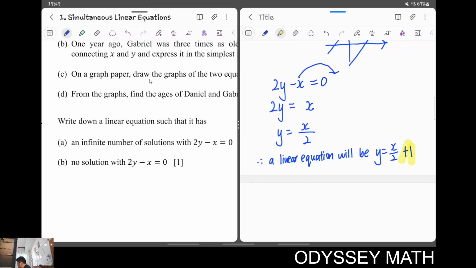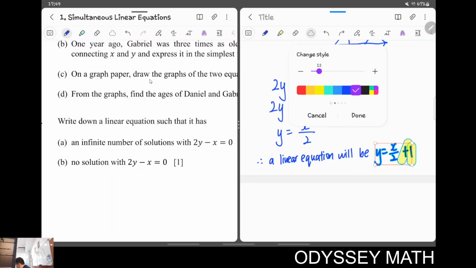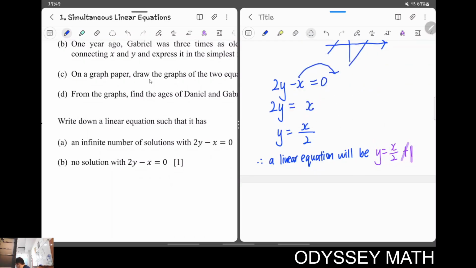Let me draw the equation for you, maybe in purple. Everyone look up. The equation of y equals x over 2 is like this. Can you see?